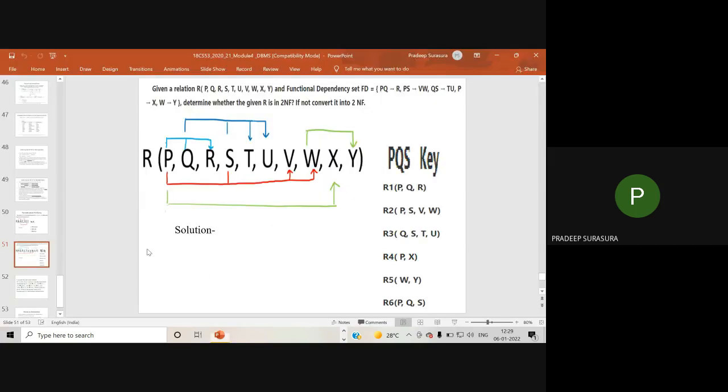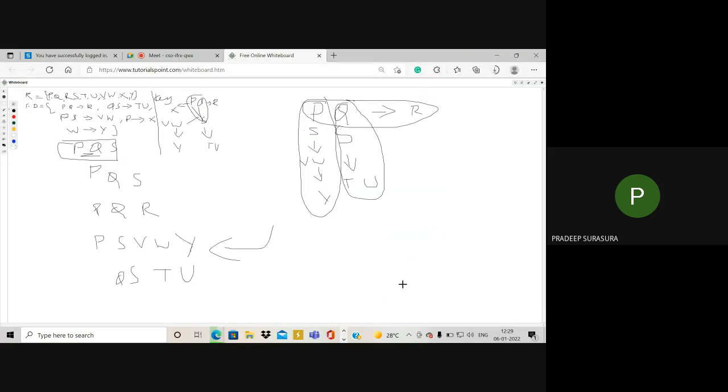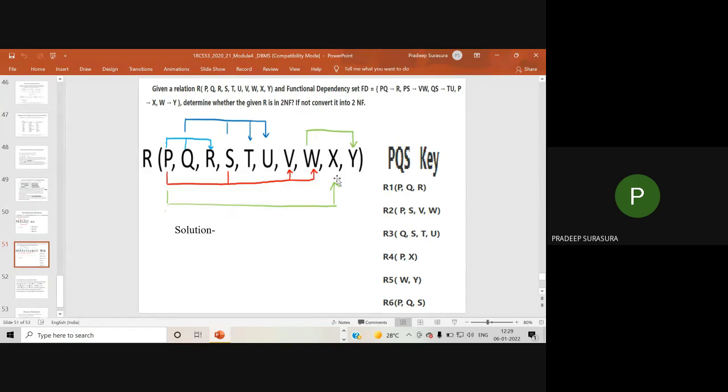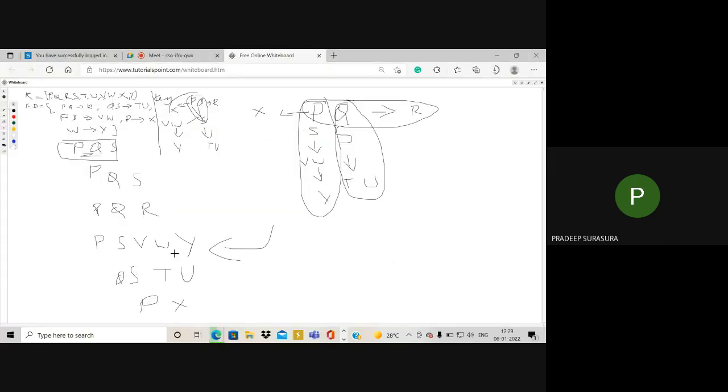Now, when I observe the second normal form, P determines X is also one more issue. So P determines X, also one table has to be written: P determines X, and PSWY.